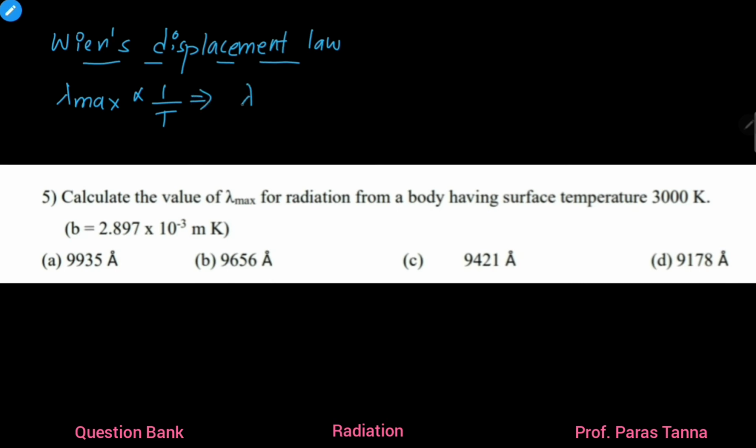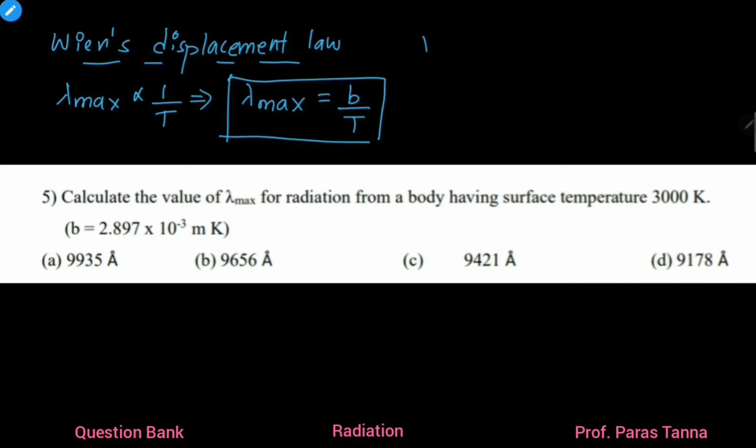That means lambda max is equals to B divided by T. Here students, B means Wien's constant. Its value is also provided to us. B is equals to 2.897 into 10 raised to minus 3 meter Kelvin.